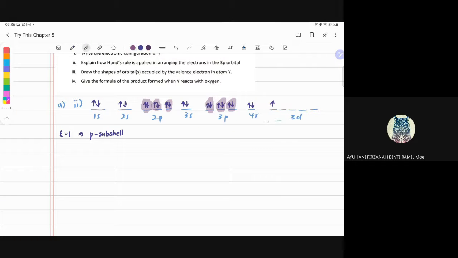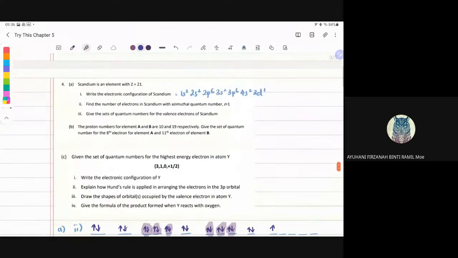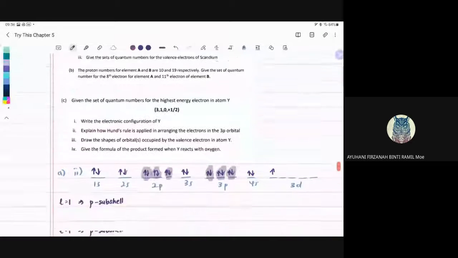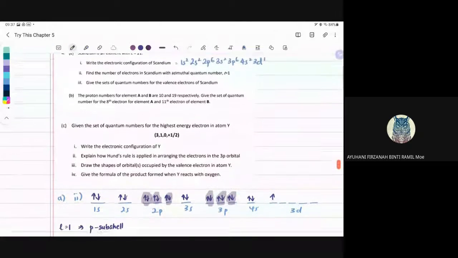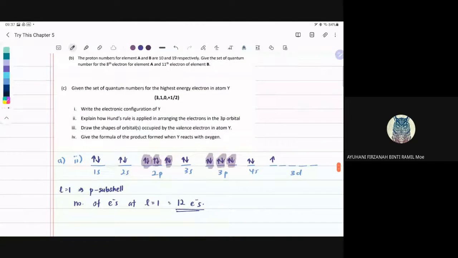Ini tiada P dah. So total number of electrons in scandium with L equals to 1 is equals to 2, 4, 6, 8, 10, 12. 12 electrons. That would be the answer. Any questions so far?